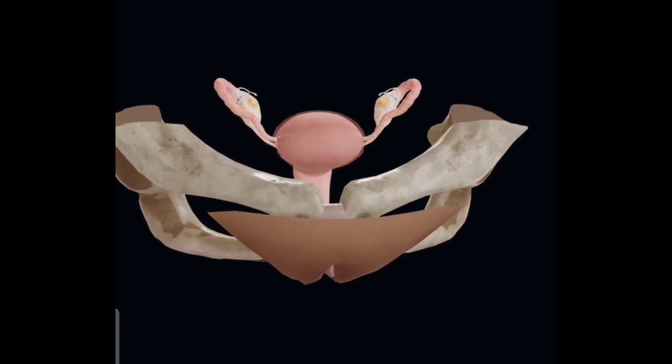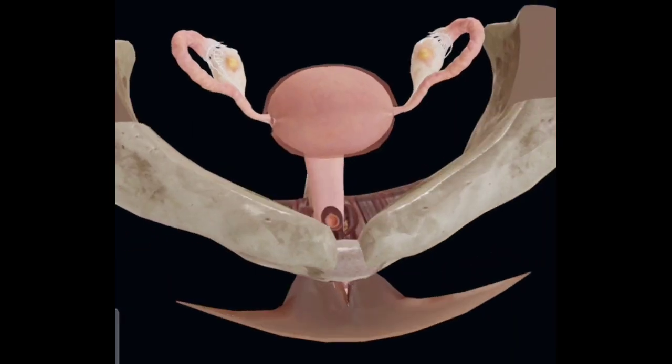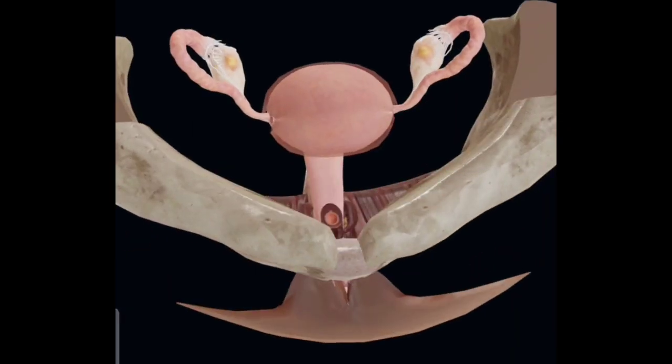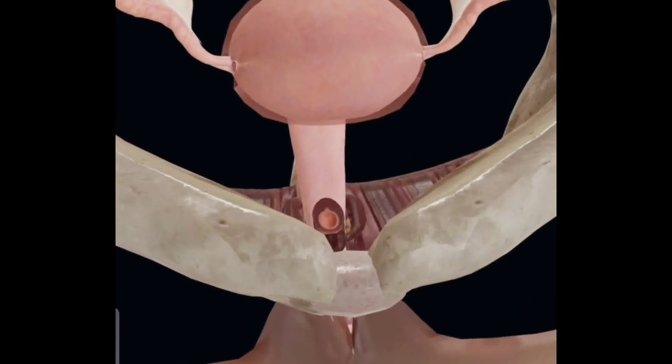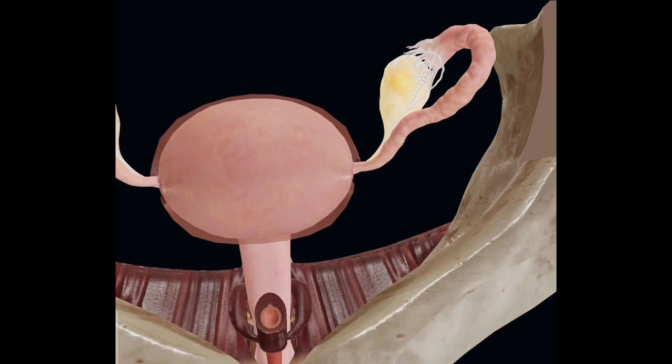So this is the female reproductive system according to our 3D view. Let's explore and learn something else on the female reproductive system. We first have the main guys, which are the female gonads known as the ovaries. These are the ovaries where we're going to find the eggs.